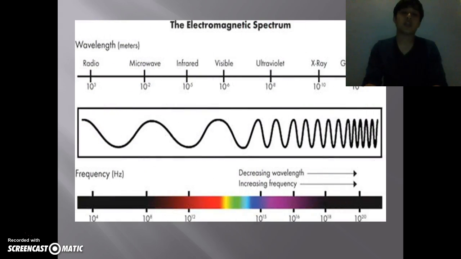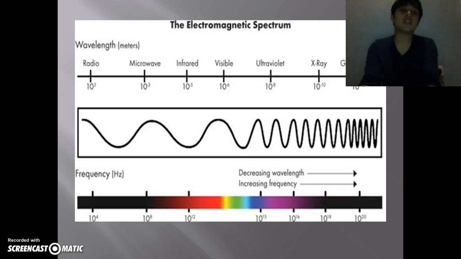So moving on, in this diagram you can see the electromagnetic spectrum. From my left we have the radio, and on my right it has the gamma ray. What you can see from the diagram in the middle here is that the wavelength is going much shorter as it goes to the right.